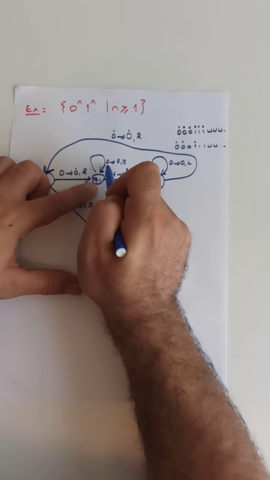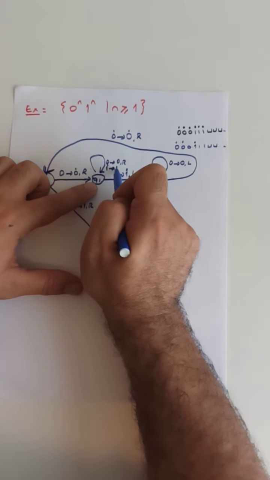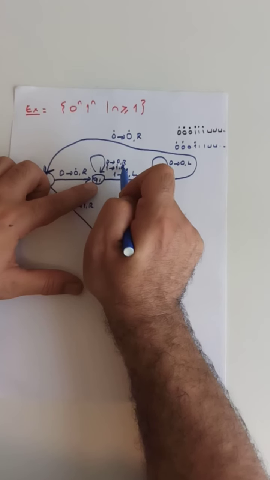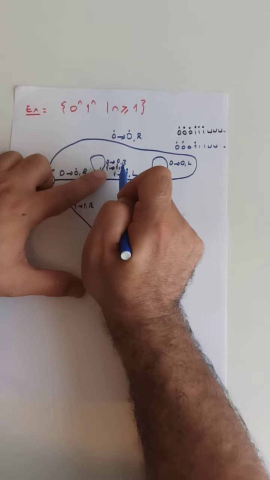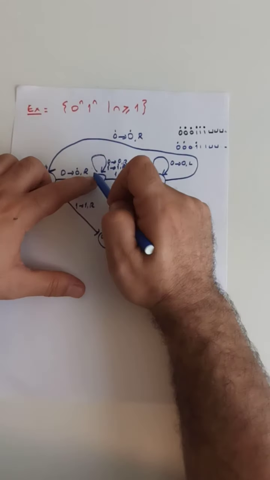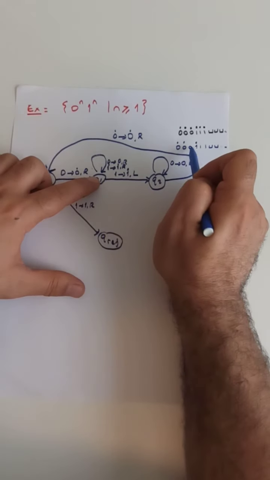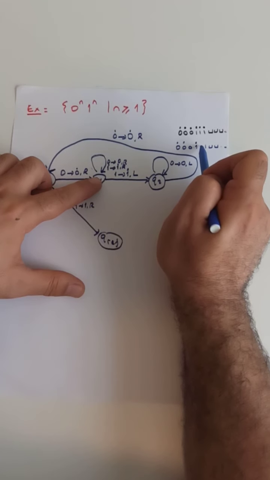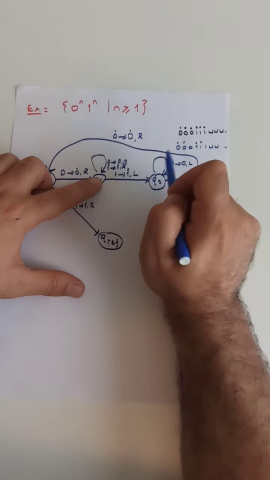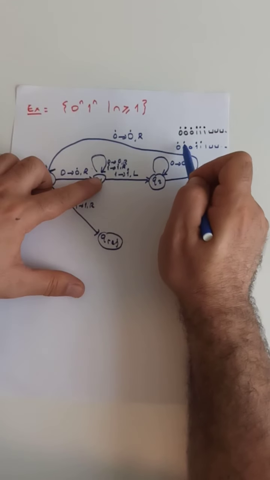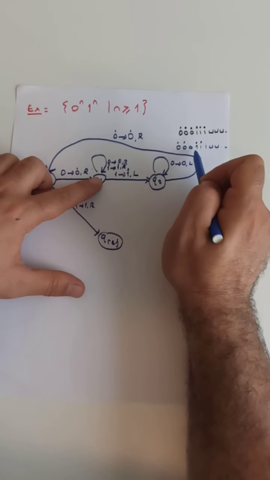If you see a 1 dot, replace it with a 1 dot and move right. So with this loop, we will skip this 0, we will skip this 1 dot, and now our tape head will be on top of this second symbol 1. Now we need to mark it. We can mark it with this transition, and now we have these 2 zeros marked and these 2 1s marked.